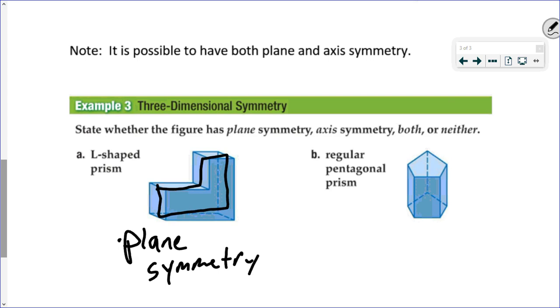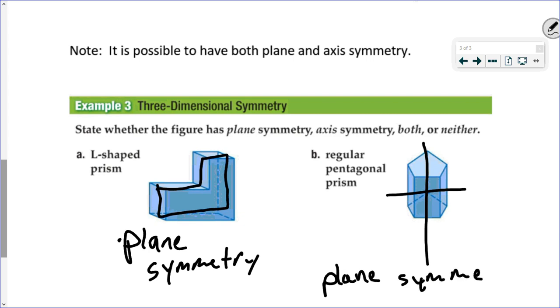Now the regular pentagonal prism, certainly we could cut it in half here, and it would map onto itself appropriately. Cut it in half do that as well. So it would have plane symmetry. Now, would it have axis symmetry? And so this is where you just got to think about, there's not really a lot of pentagonal prisms in the real world, certainly unless you've created one for some sort of unique purpose.